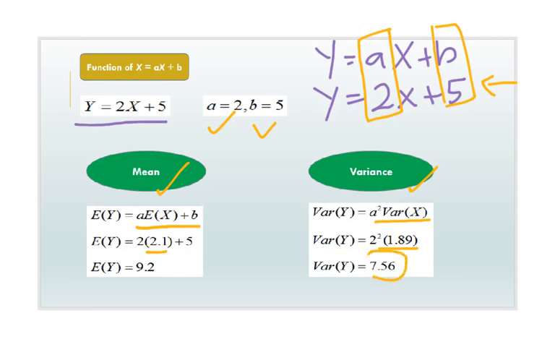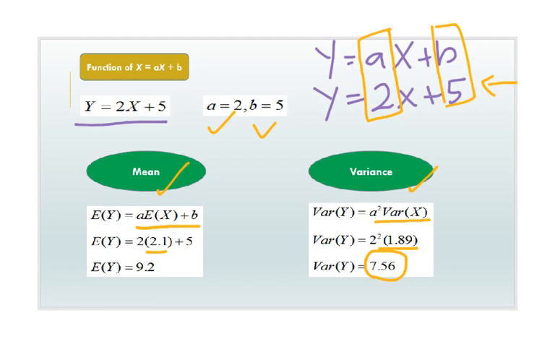You will come up with the variance of Y, or the variance of the function of X, which is 7.56. All of the formulas have been given in the formula booklet, so you need to know how to apply them. Okay, so that is for the fifth property of probability distribution.